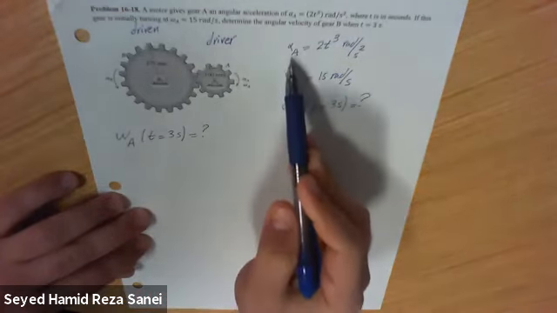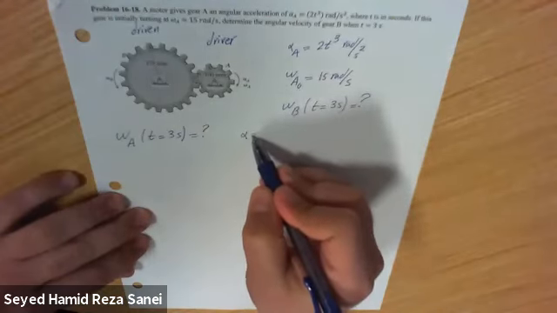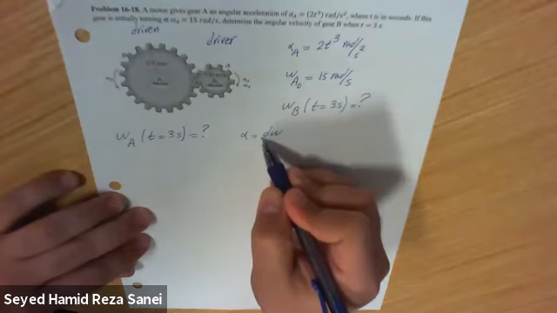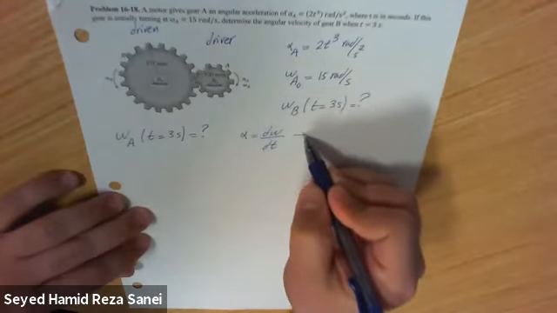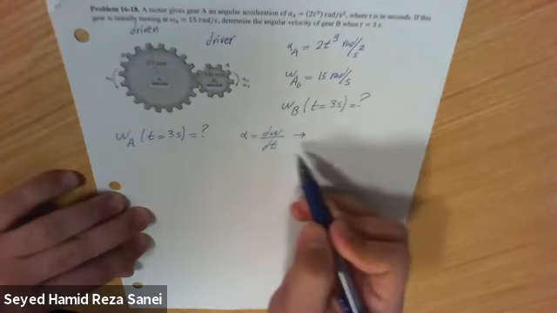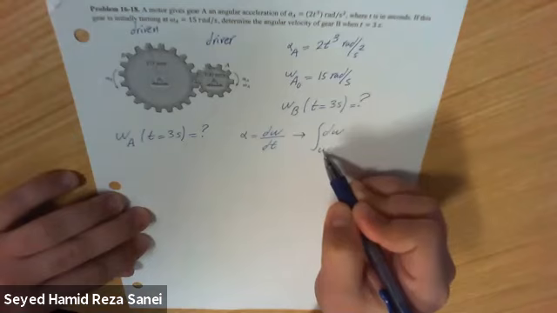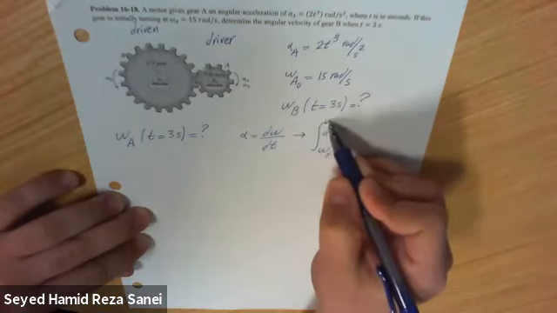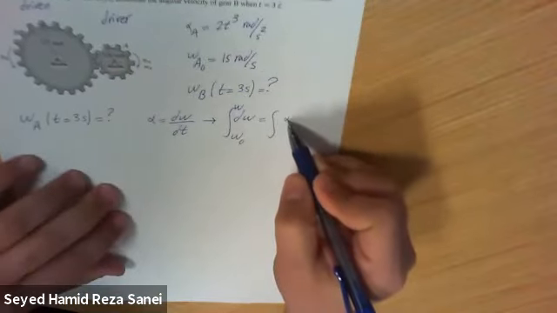The acceleration is not constant, so we have to be careful. We have to use the derivative equation. We know alpha is d omega over dt. It's better to write d omega over dt, so the integral of d omega from omega naught to omega equals the integral of alpha dt.